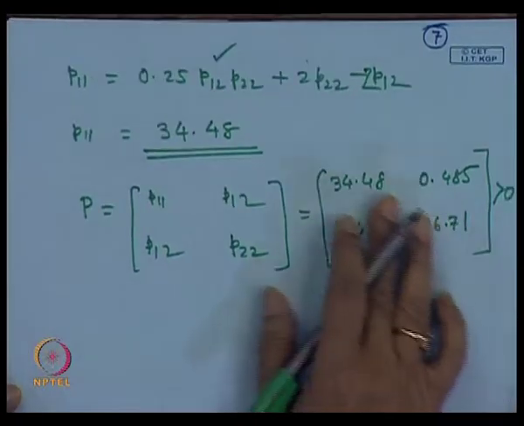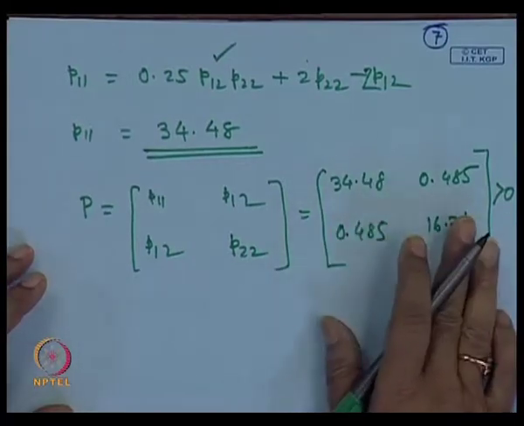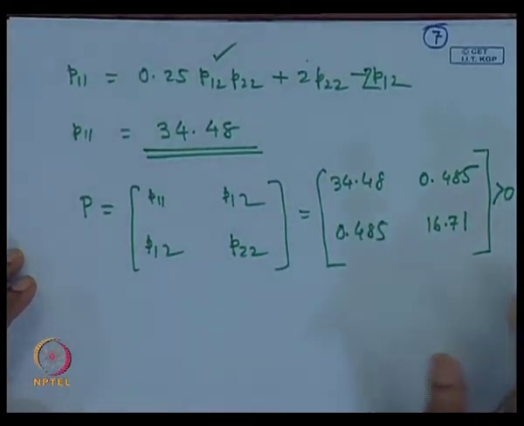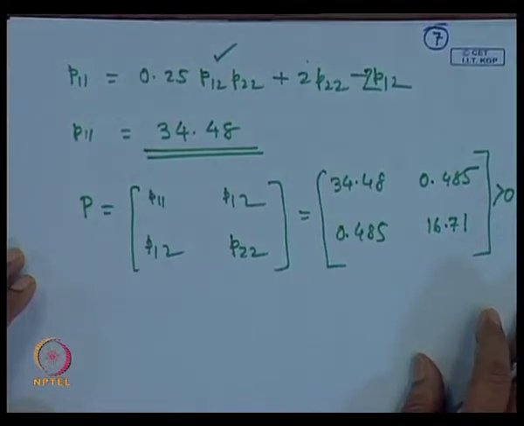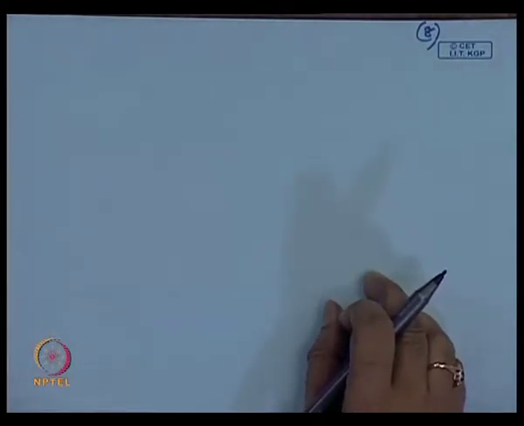You can check it either by finding the eigenvalues, all eigenvalues will be positive, or you can use the Sylvester test for testing whether the matrix is positive definite, negative definite, positive semi-definite or negative semi-definite, using the Sylvester inequality conditions. Our case is P greater than 0, so positive definite matrix. This implies that the controller we design will stabilize the system. So, let us find how to find the controller gain.